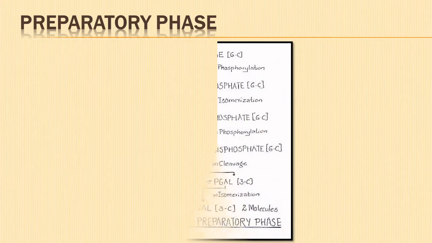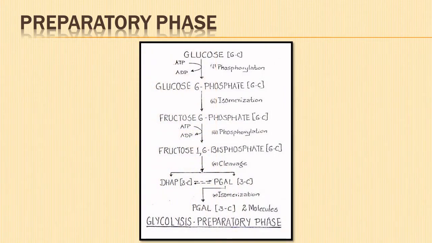Thus, in the initial phase of glycolysis or in the preparatory phase, glucose molecule is activated by phosphorylation and then splits into two molecules of triose phosphates, namely glyceraldehyde 3-phosphate and DHAP.